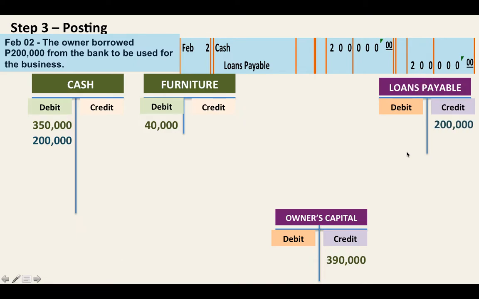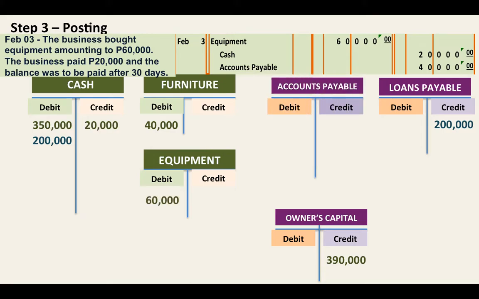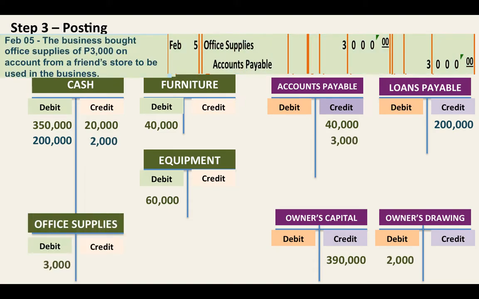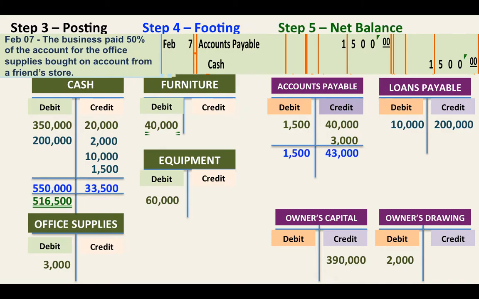Okay, we have learned this, and we're just trying to refresh your memory about what we have done on General Journal. Okay, so I don't need to explain more on this. Alam nyo na ito. Okay, and then after that, we are going to do the footing and get the net balance. Okay, so this is what we have done on posting with regards to the use of general journal.